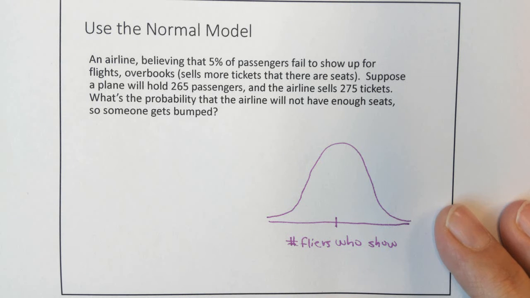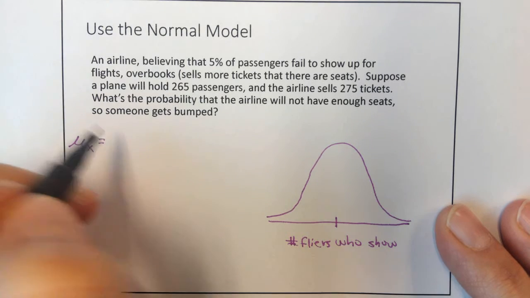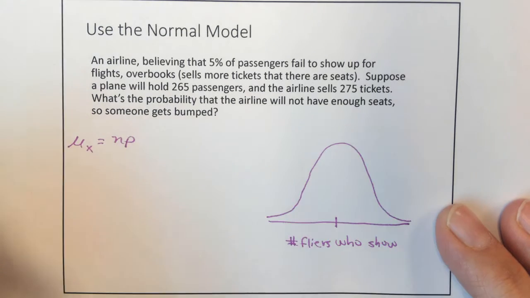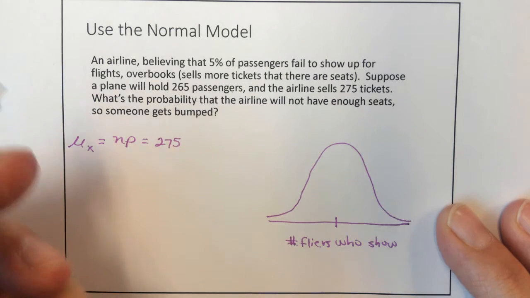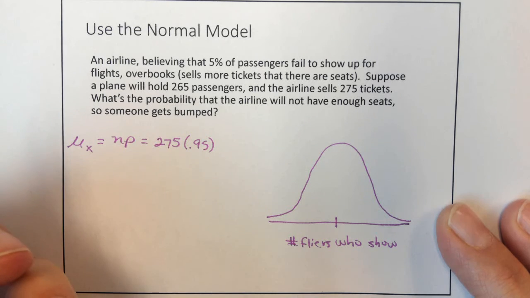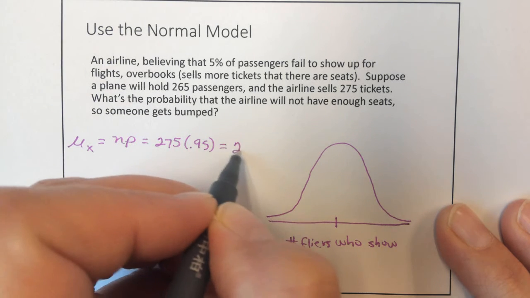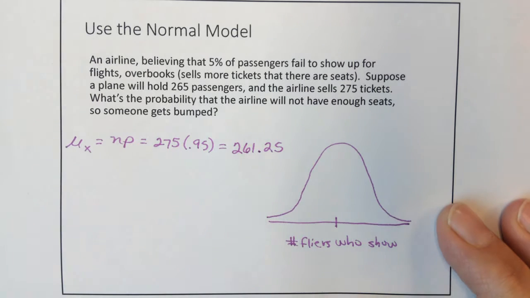This is a binomial distribution. I have formulas for mean and standard deviation of a binomial distribution. The mean in the blue book is n times p. If we have 275 people who could show up, probability that they show up is 0.95, then that is about 261.25.